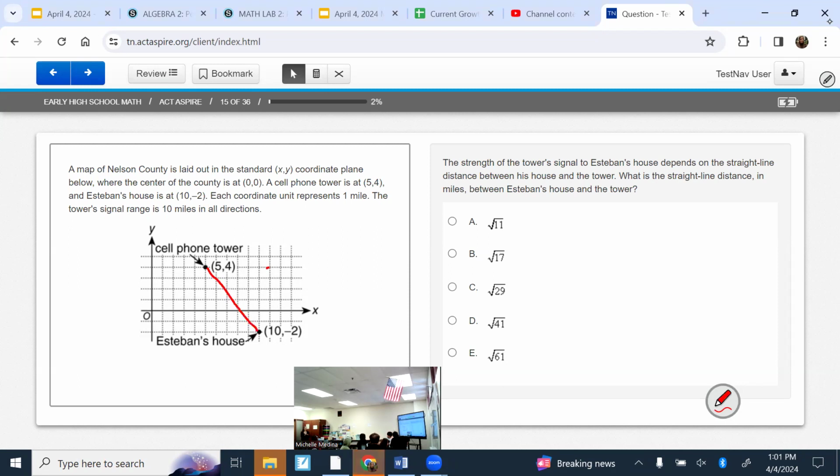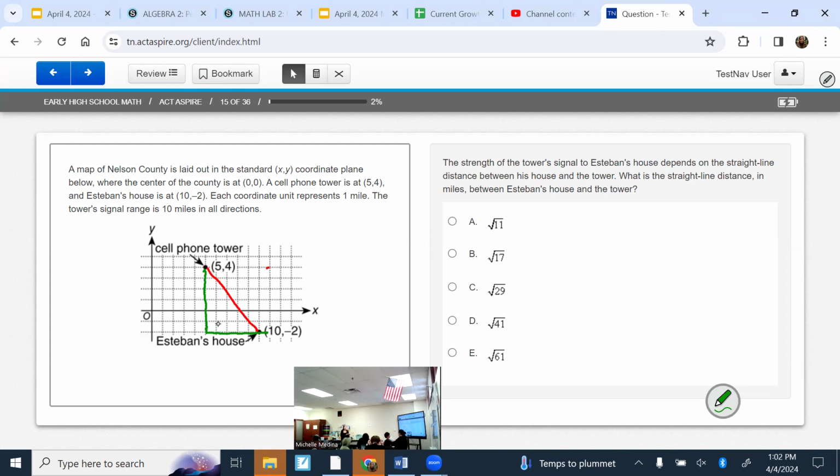What I'm going to do, there's a distance formula, but I don't know that you guys will have that memorized by the test. So I'm going to go to Pythagorean theorem, where I'm making that red line my hypotenuse. And I'm connecting these as legs of my triangle so that I can actually count.